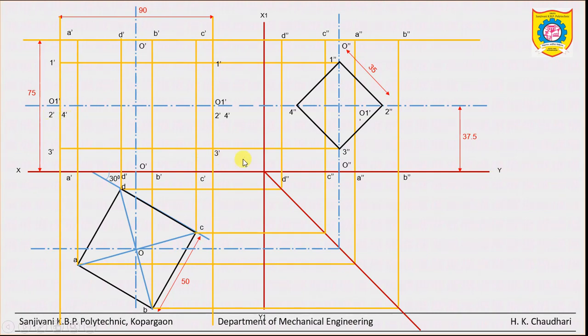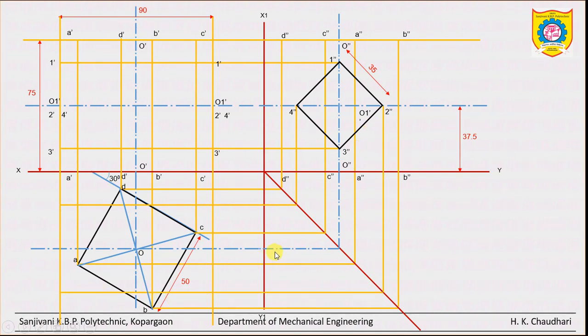Now see, similar to this front view, just draw the top view of the horizontal prism. So draw the projection from point number 4, turn it and complete in the top view. Similarly from point number 2 here.